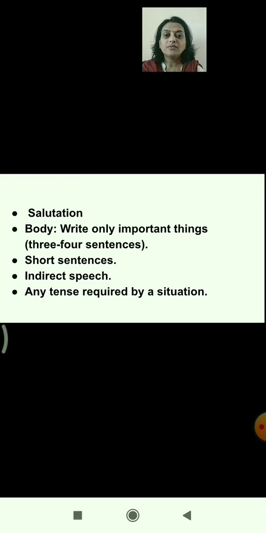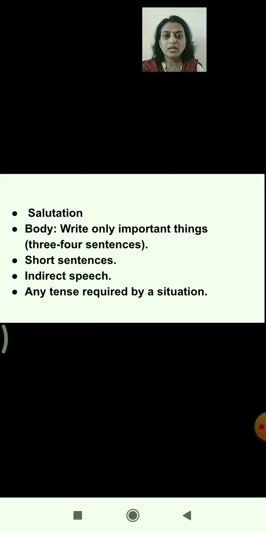So these are the few important points which you are supposed to keep in mind before writing a message. All these points which I have mentioned here are important because they will help you write the message.